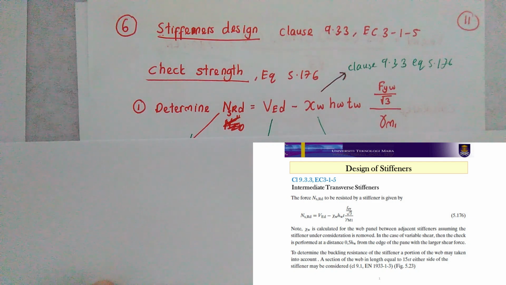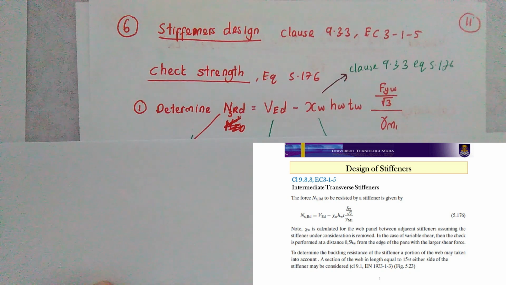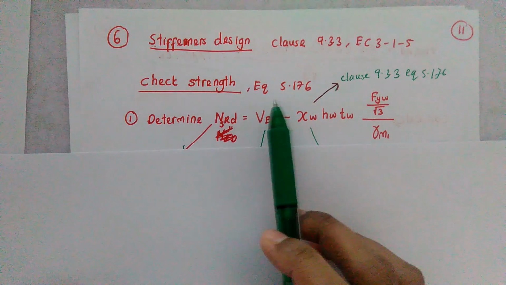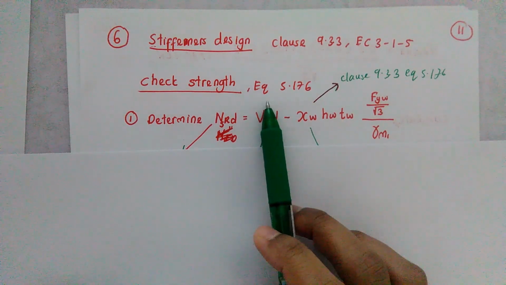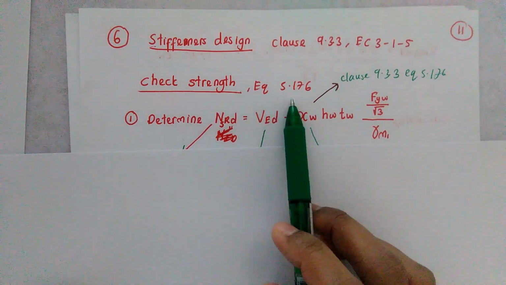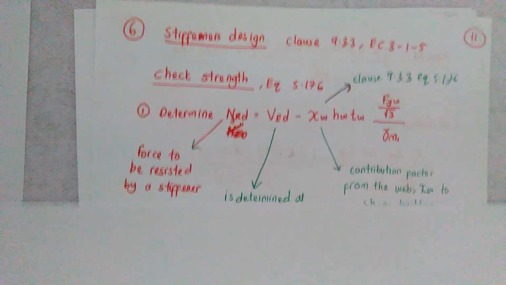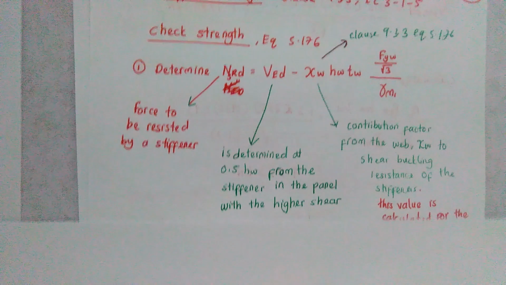Therefore, to calculate this, we need to understand what parameters govern the force. Here you can see the check of strength of the stiffener, which is taken from equation 5.76.